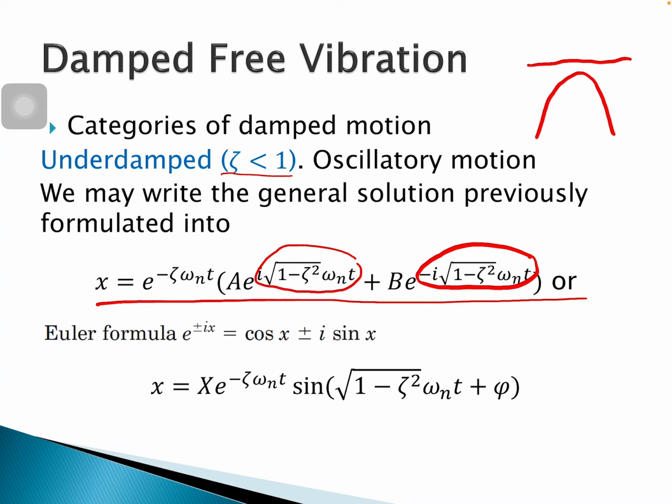Okay, and we can use the Euler formula. When it is positive, it will be positive, but if it's negative, we can put a negative sign right there. And this is the outcome if we use the Euler formula in this equation.